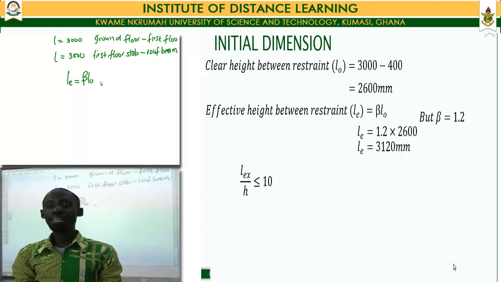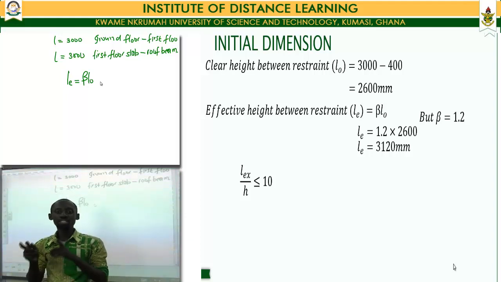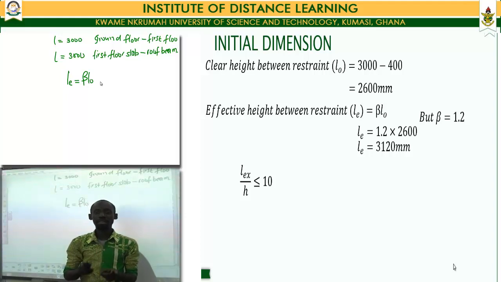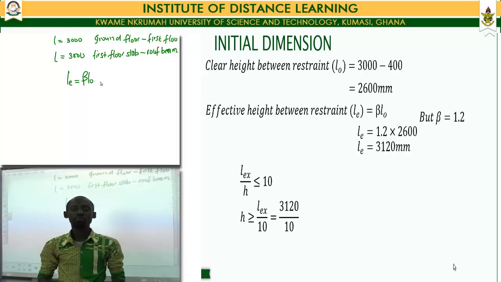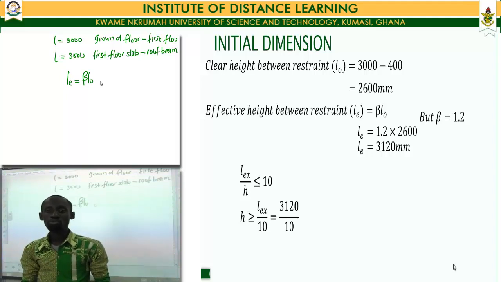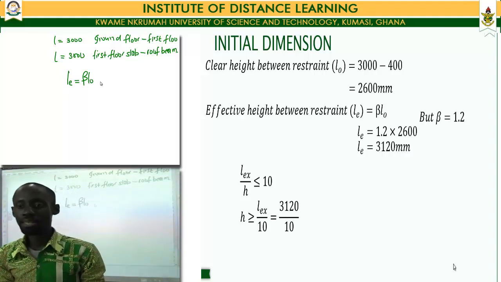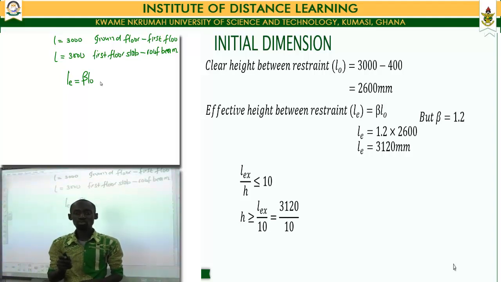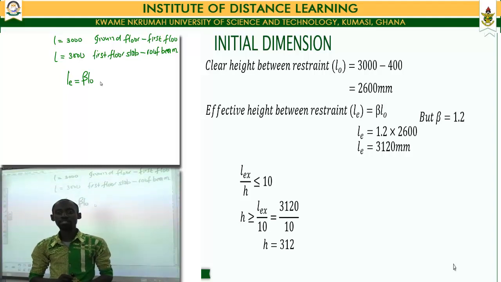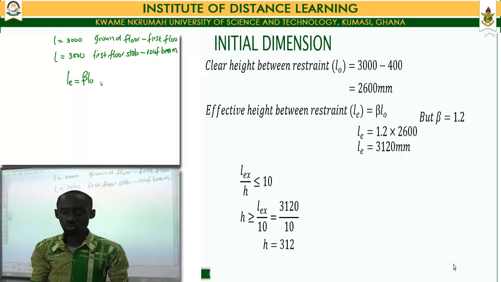Now, because I am designing for an unbraced short column, my LEX divided by H should be less than or equal to 10. From inequalities, it means that my H value should be greater than or equal to my LEX divided by 10, where my LEX value is equal to 3120. Dividing 3120 by 10 gives me a value of 312 millimeters.